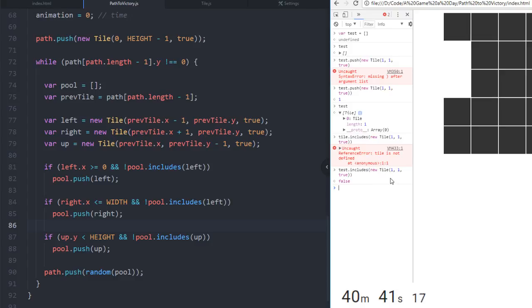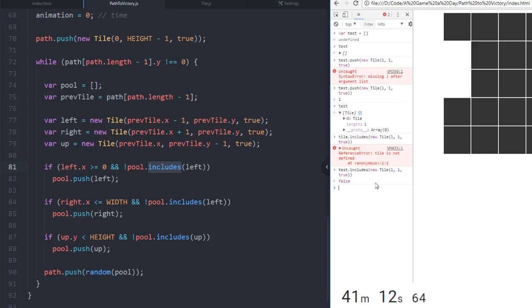So why not? Why doesn't it include it? It should include it, right? So what does test include then? So what can I use to check that? Includes doesn't work.